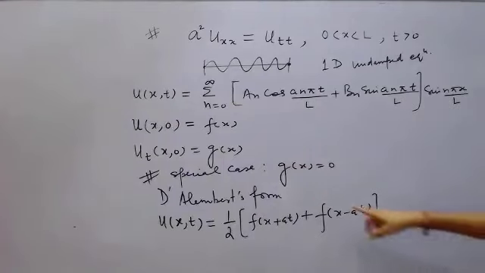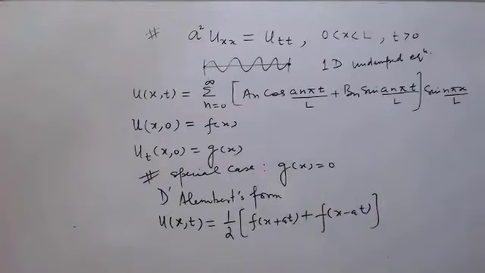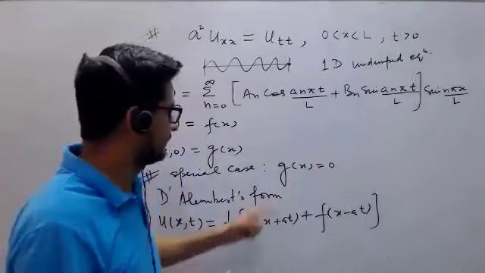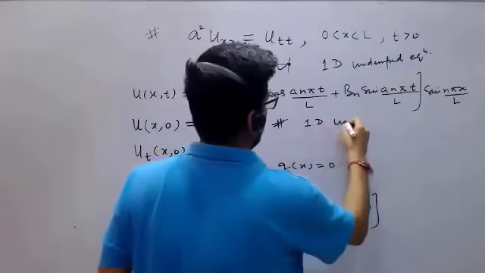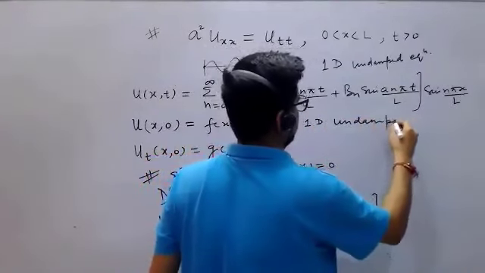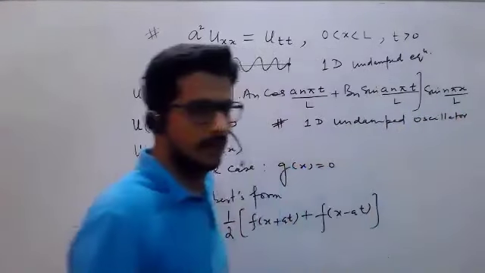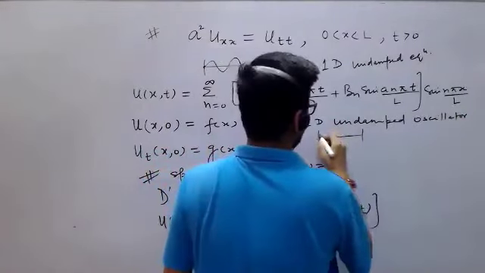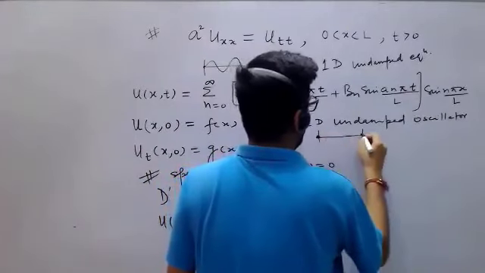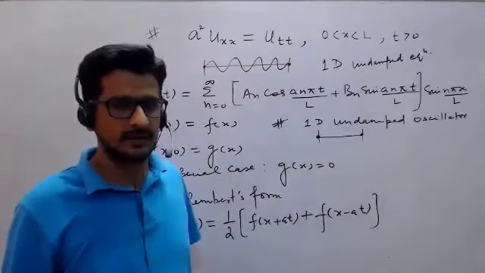So let me tell you a question on this first, and then I will discuss a question on the first case. Suppose for such a one dimensional undamped oscillator, with the strings like this that are not moving, because with that only we reduce two constants.